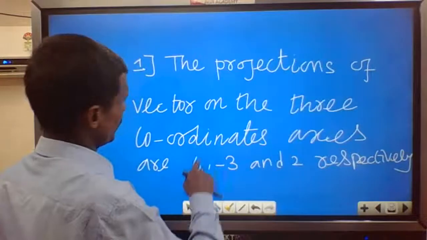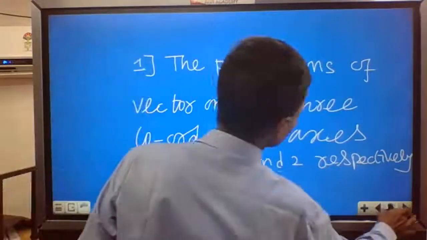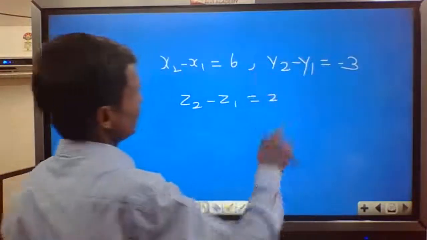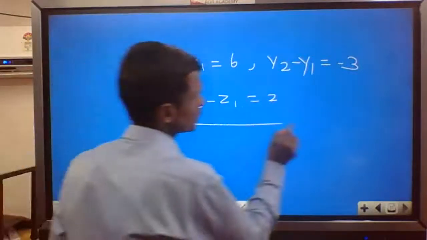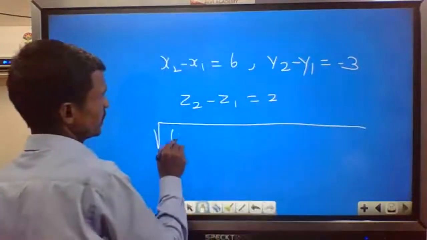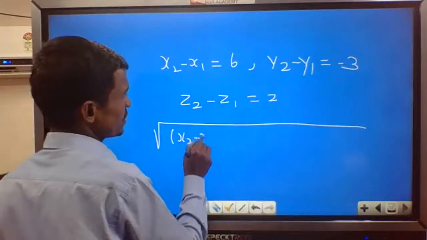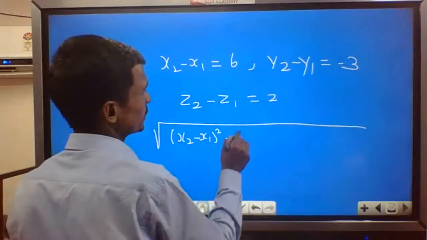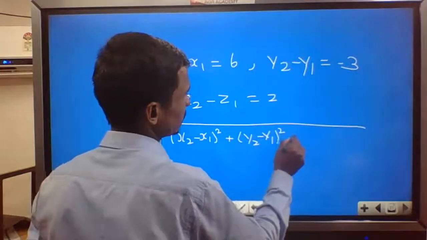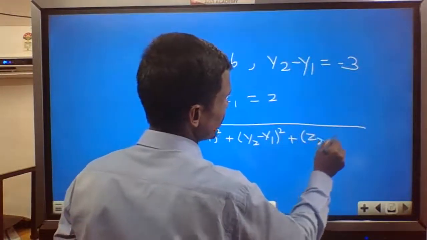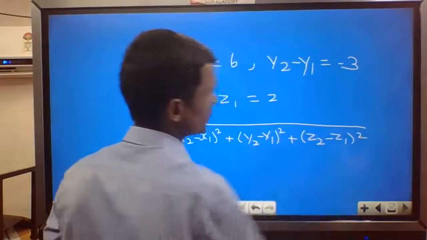Because three values are present here: 6, minus 3, 2. We know that the magnitude is the root of x2 minus x1 whole square plus y2 minus y1 whole square plus z2 minus z1 whole square.